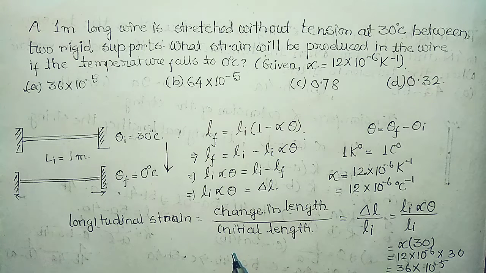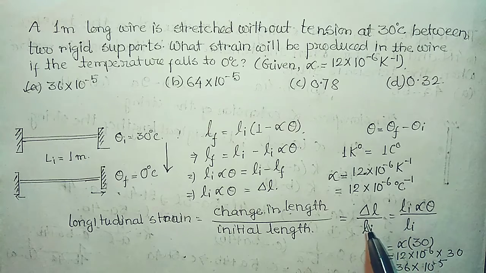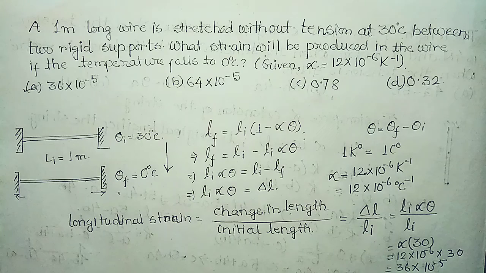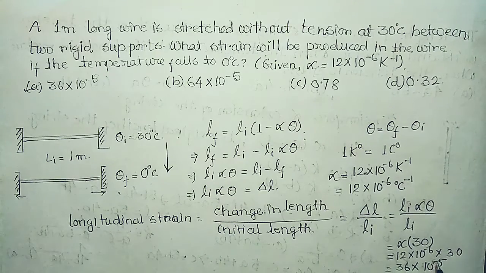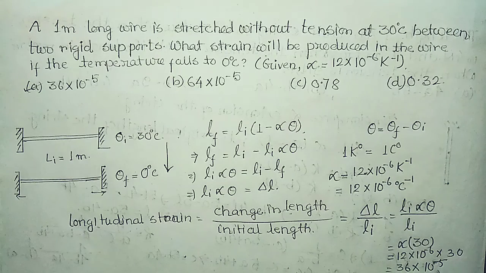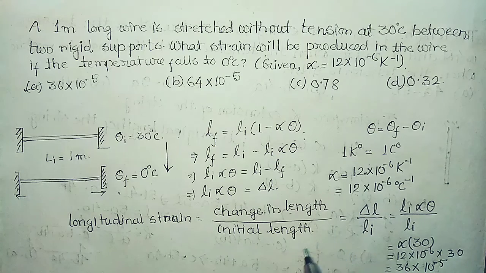So for this factor I have not considered whether it is positive or negative. Just the change I have considered, and the result we got is 36 into 10 to the power minus 5, and obviously it has no unit since it is the ratio of two similar types of quantities.